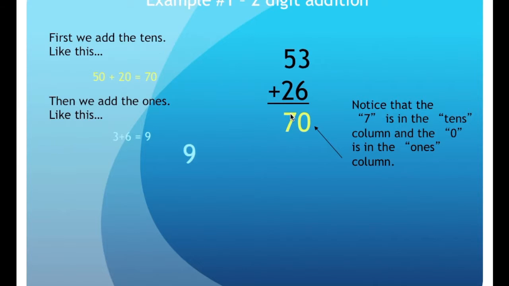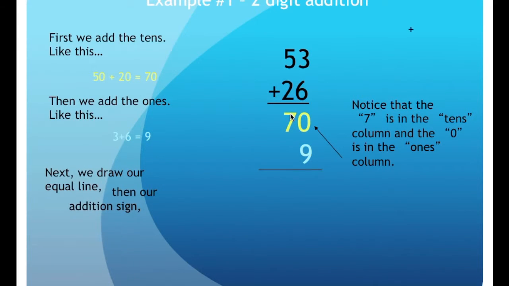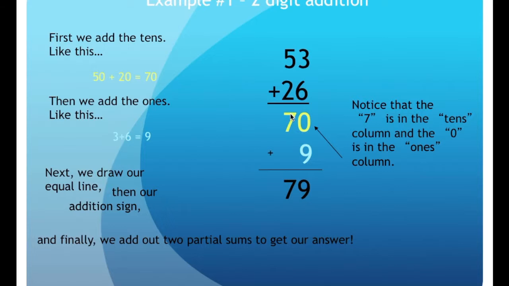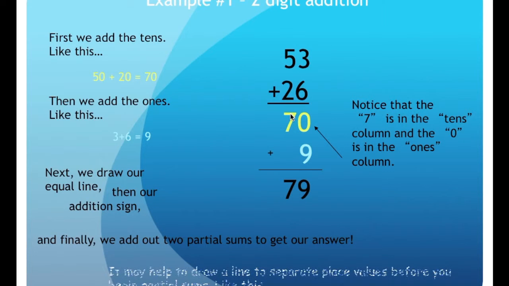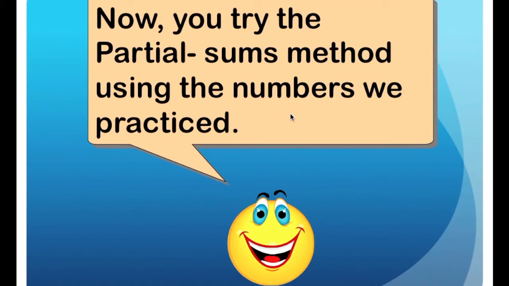Then we add the ones like this. 3 plus 6 equals 9. Next we draw our equal line. Then our addition sign. And finally we add up the two partial sums to get our answer. It may help to draw a line and separate place values before you begin partial sums like this. Now, you try the partial sums method using the numbers we've practiced.